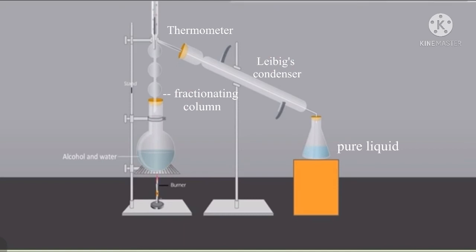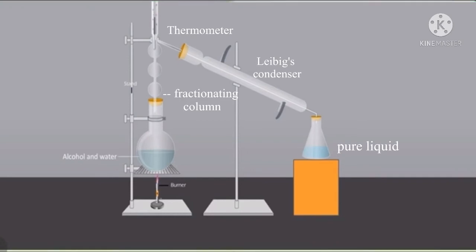For this, a fractionating column is introduced in the distillation apparatus. When the mixture of alcohol and water is heated, the vapor rises up the column, cools, condenses to liquid and falls back. The hot vapors rising up the fractionating column come in contact with the liquid falling down in the flask.